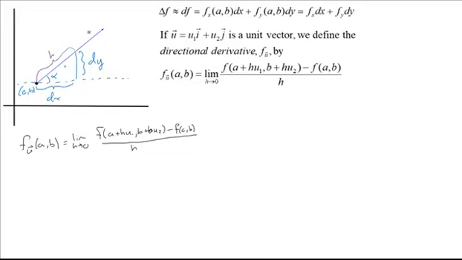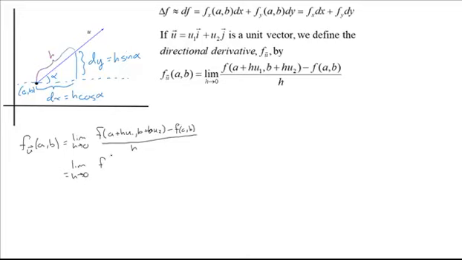Let's see how we can get this into a form that we can work with. Using our right angle trig, dy is going to be h sine alpha, and dx is going to be h cosine alpha. Let's get that into our definition here. We're still taking the limit as h approaches 0, but now we've rewritten what u1 and u2 are in terms of sine and cosine.